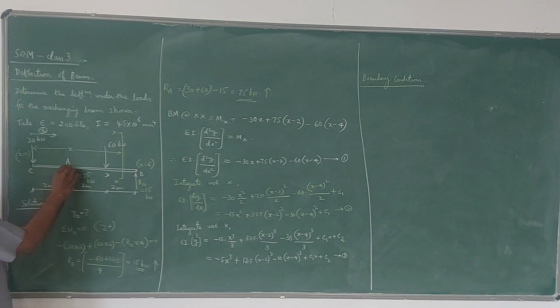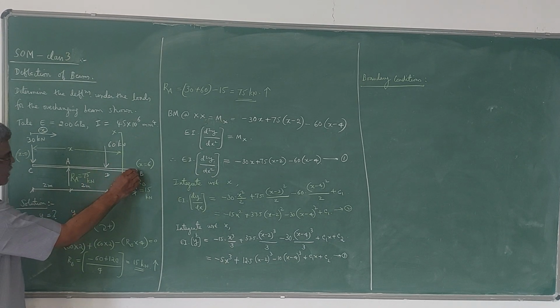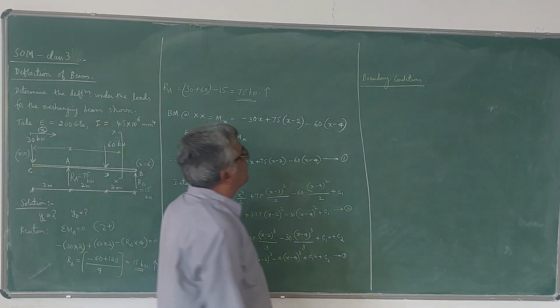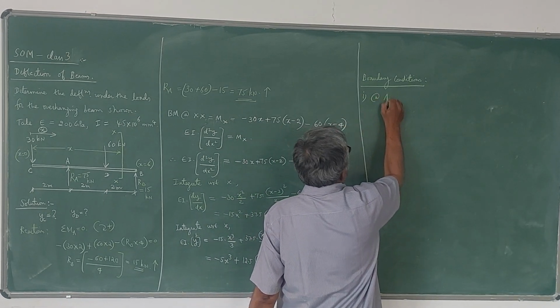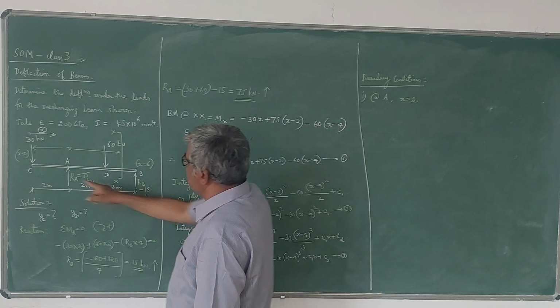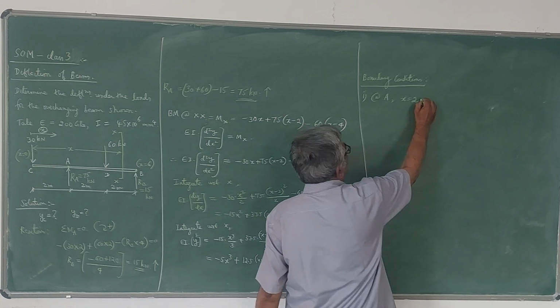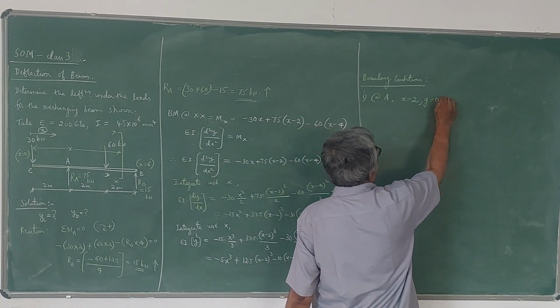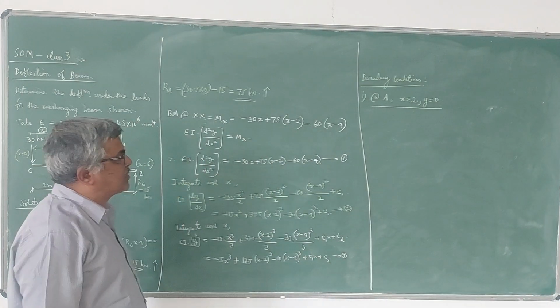That means at A, y is 0, and at B also y is 0. So they are the boundary conditions. First boundary condition: at A, the value of x is equal to 2 meters because x is measured from C, but y is 0. Please remember that at simple supports deflection will be 0, only slope will be present.